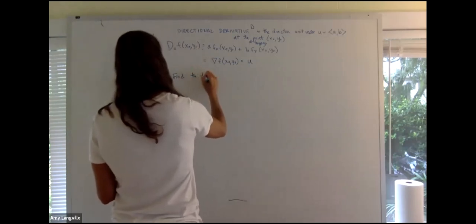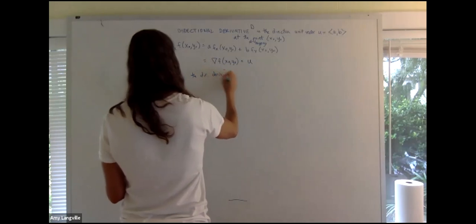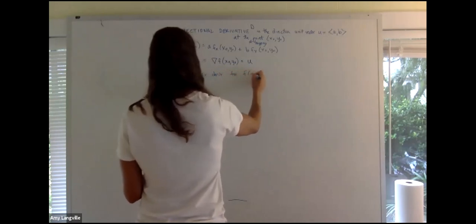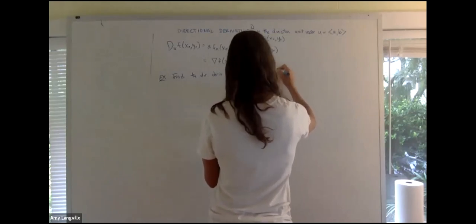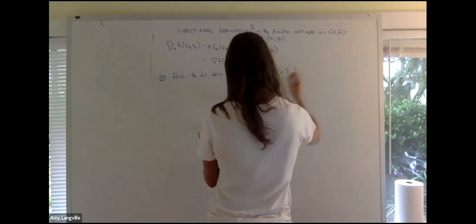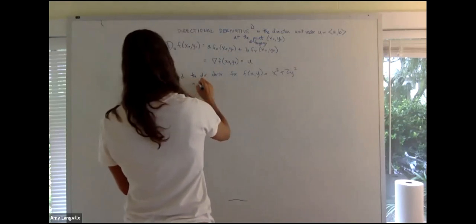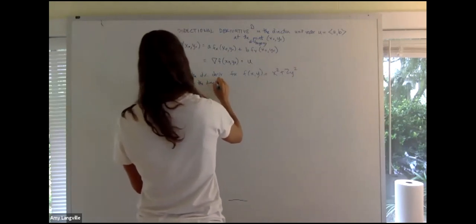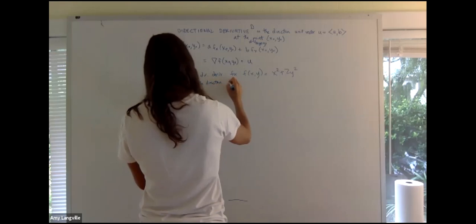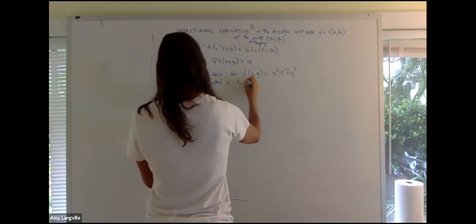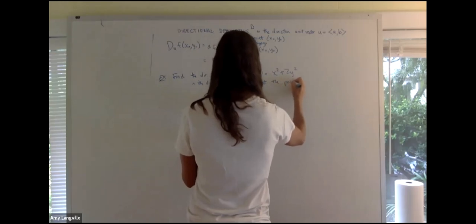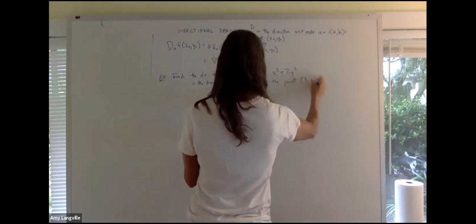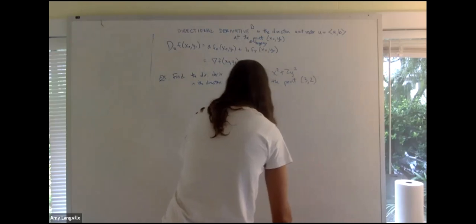Find the directional derivative for f of x, y equals x squared plus 2y squared in the direction minus 2, 1 at the point 3, 2.